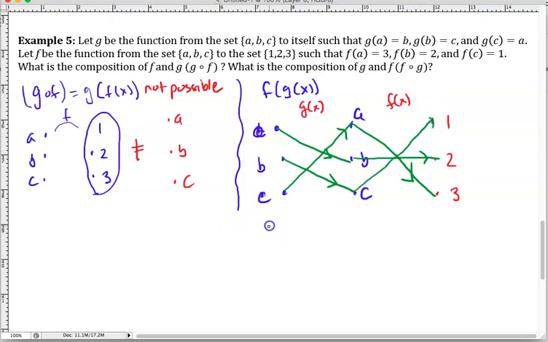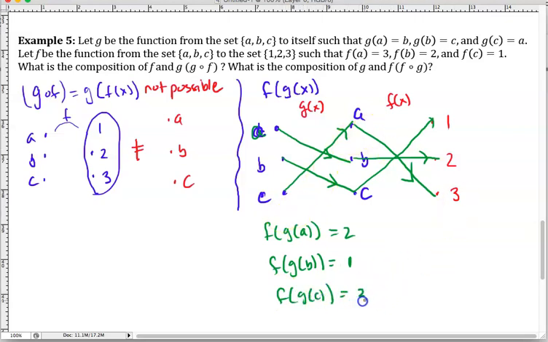Okay? So I can write f of g of a, so starting with this, this is going to end up at 2. f of g of b, this is going to end up at 1. And f of g of c, this is going to end up at 3. Okay, so these are the values of the f of g composition.